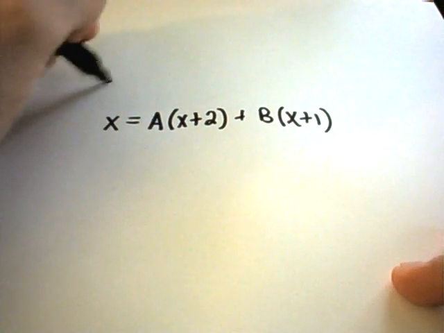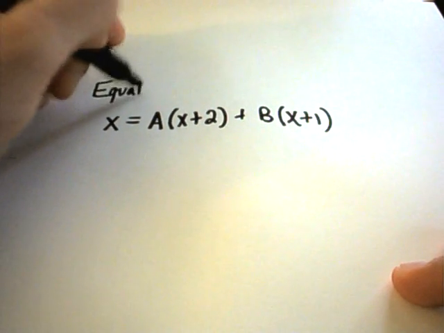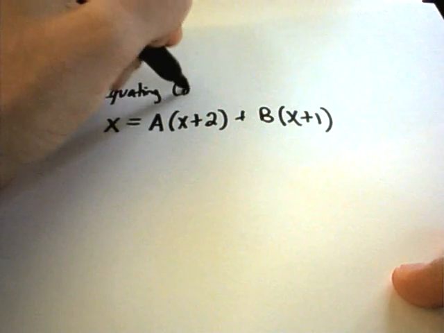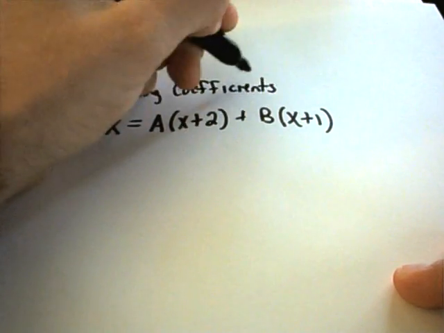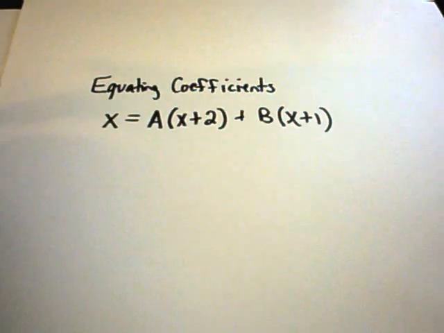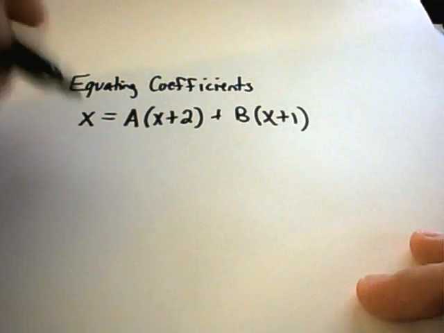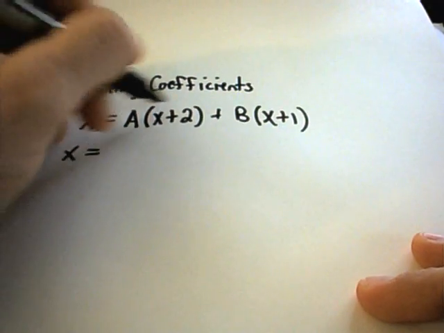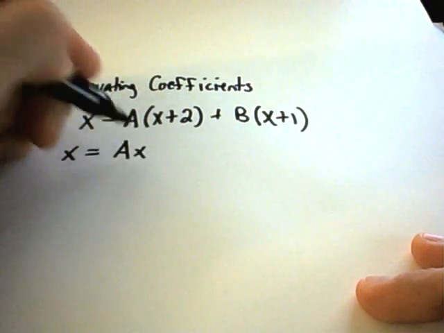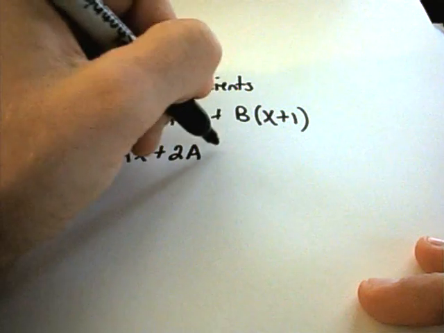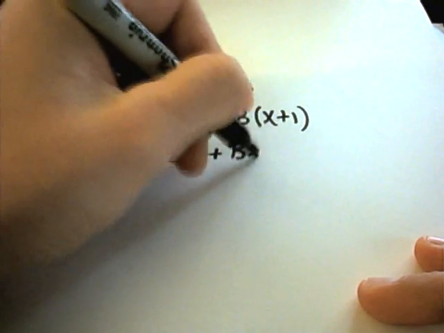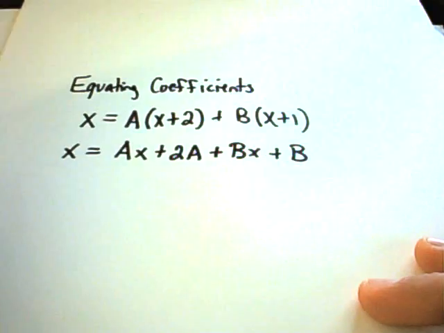And now we're going to use this method of equating coefficients. On the right-hand side, you get rid of your parentheses. So I'll distribute, and I'll get ax plus 2a plus bx plus b.